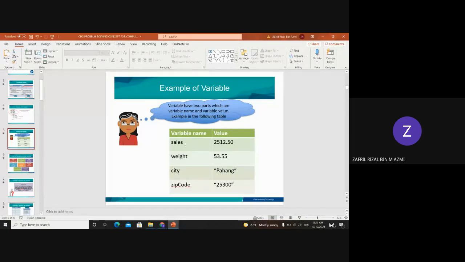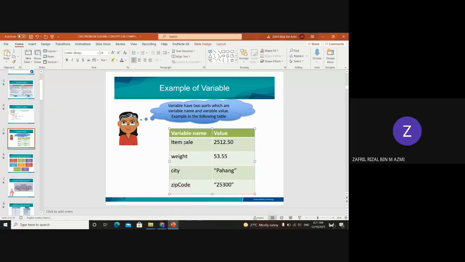For example, sales: instead of sales you put S. Tak boleh, so this is wrong. Or maybe you put item sale with a space. Wrong, because in a variable name you cannot put a space.